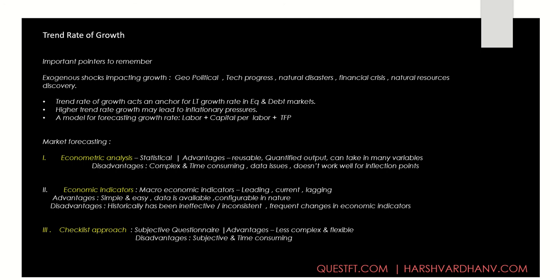So in that sense, this is a big disadvantage. One thing to remember in the exam is: if the output is based on a model, it is reusable and advantageous. But if the output is not based on a model, it's subjective, and that's a disadvantage.